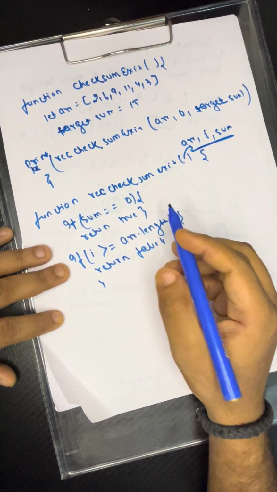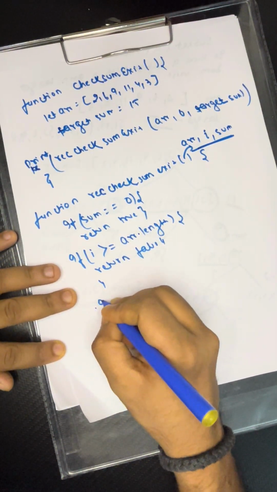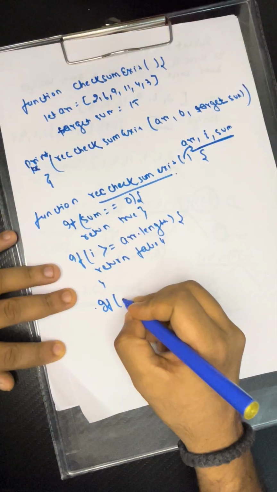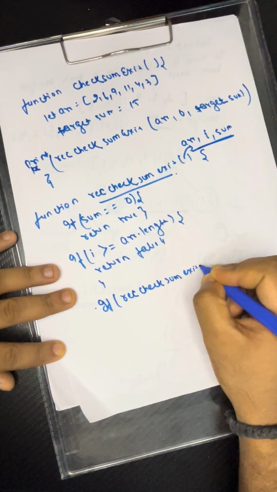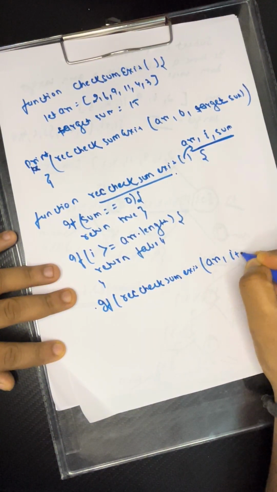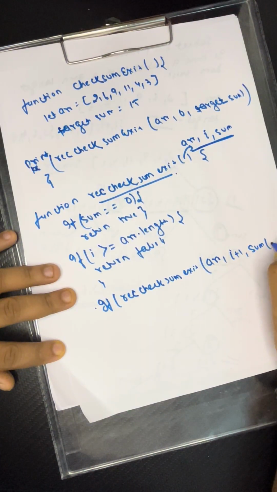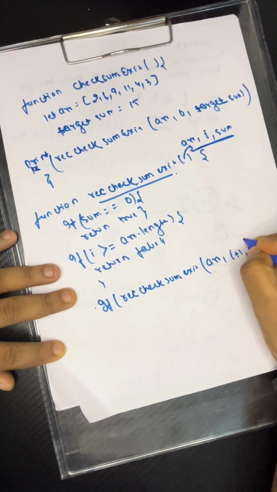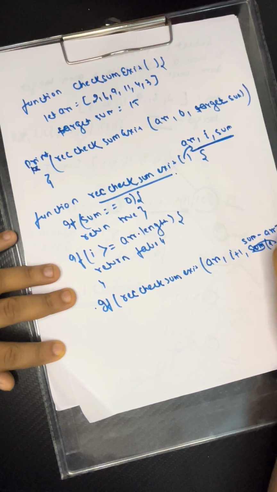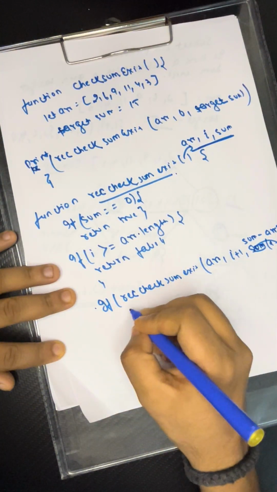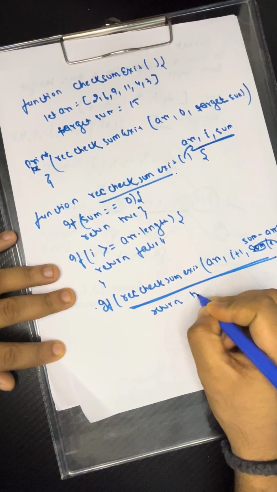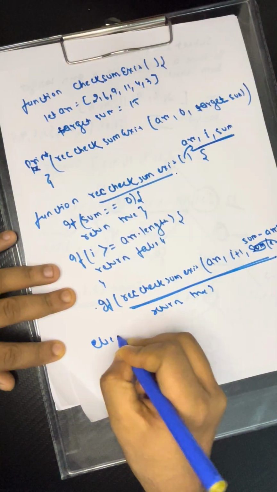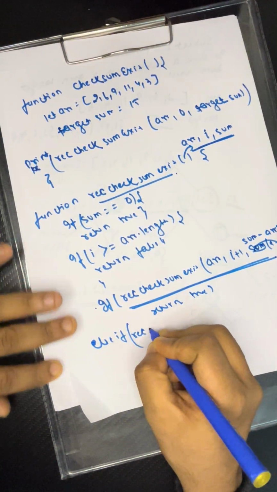What we'll do is, if rec check sum exist with arr, i plus 1 and sum minus arr i is true, then return true.